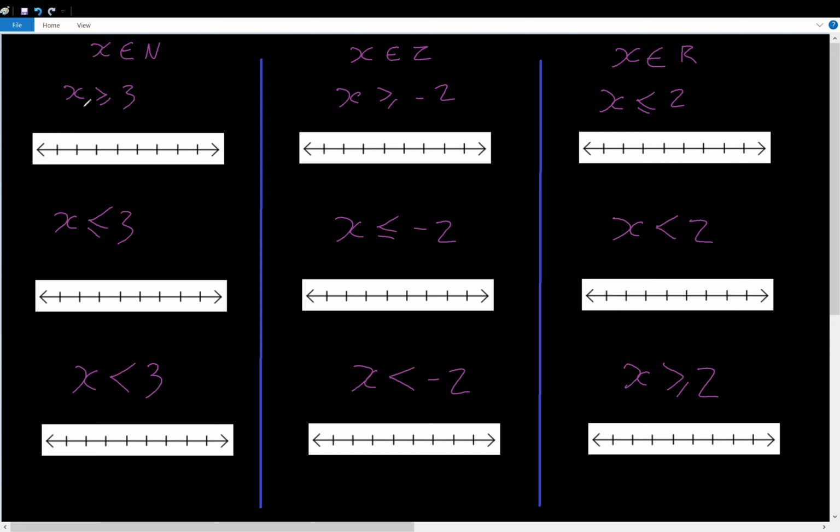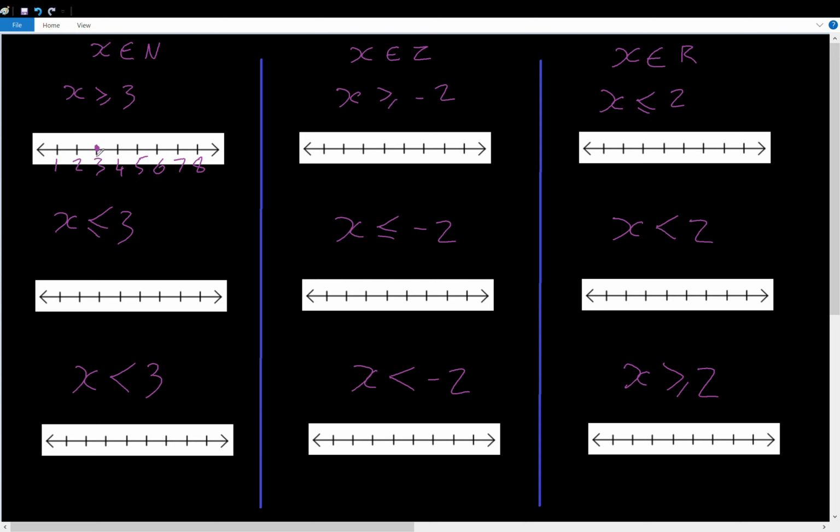So if we're given this inequality here where x is greater than or equal to 3, and we're given our number line, if we start to plot that out, we'd have 1, 2, 3, 4, 5, 6, 7, 8 filled out there. We're going to start by filling in on 3, put a dot on that because it is greater than or equal to 3.